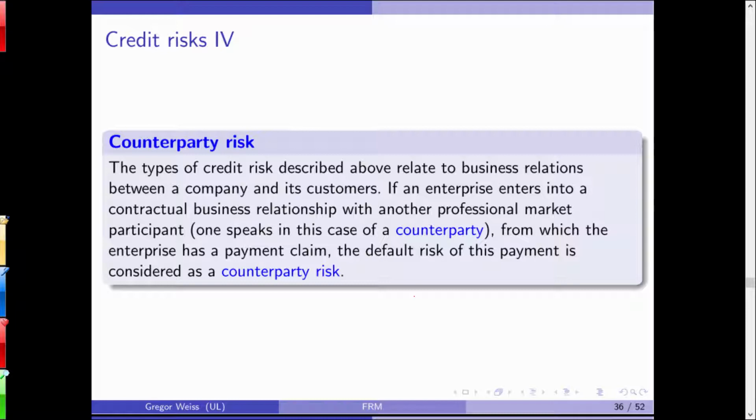Yeah? Then it would be conditional on a certain trigger event, but it would be possible to do this. In OTC trading, you don't need standardized contracts. You can do any type of contract as long as it's legal, of course.